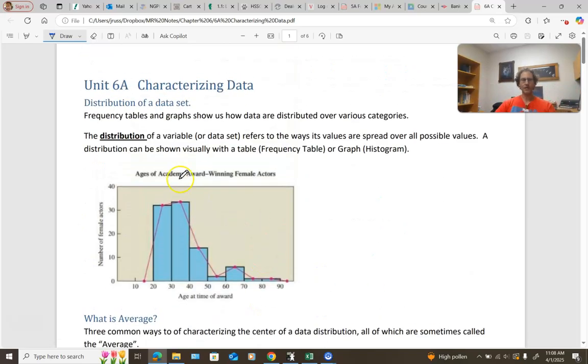Up here, maybe around this point right here, that might be the balancing point, whatever age that is, maybe 35 or 36, where you have just as many data values, or the weights of those data values, on the left-hand side as you have on the right-hand side.